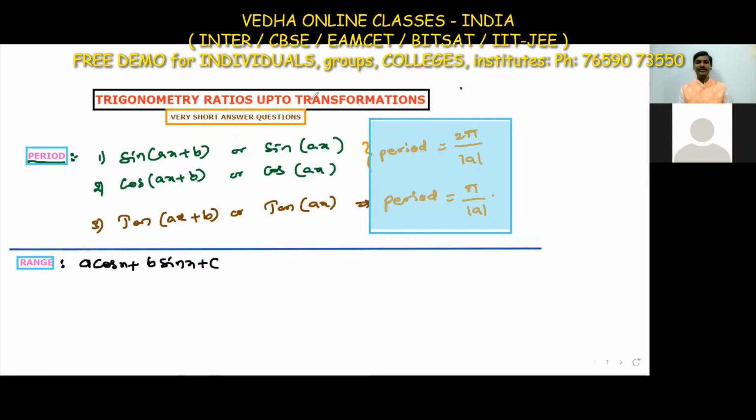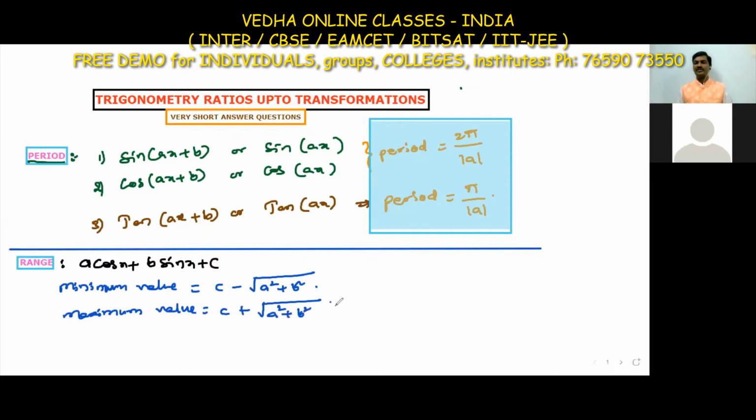Here the minimum value is equal to c minus under root of a square plus b square. And for finding the maximum value, the formula is c plus under root of a square plus b square.